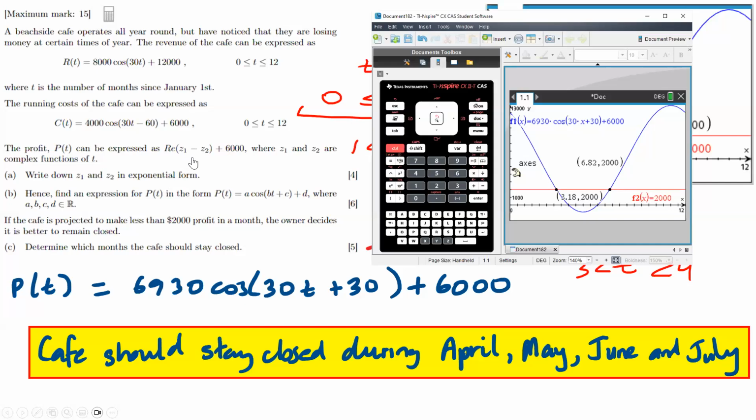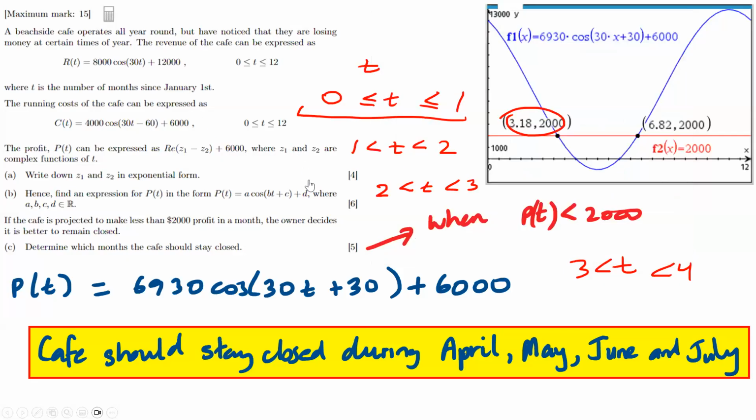For the first time in the May 2023 exams, the IB asked one of these where they specifically wanted students to do it without using complex numbers. There was a difference between two sinusoidal functions. So I want to show you how you could have done this one without using complex numbers. I'll come back to that in a minute.